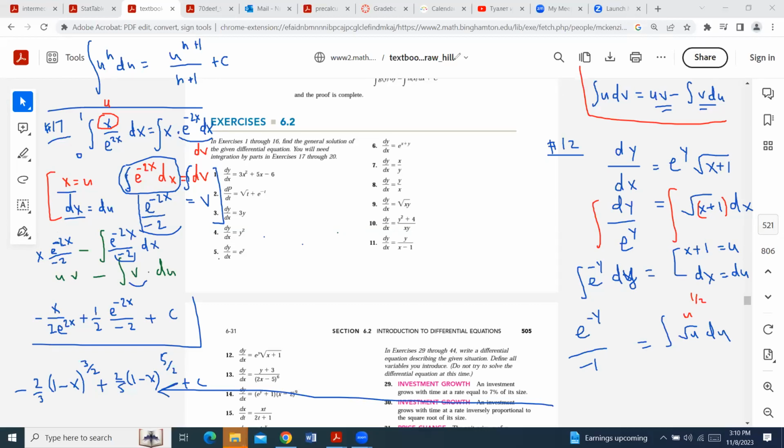So we can keep the e to the power of negative y the way it is. I can just write it as 1 over e to the y, somehow like that. Actually not, I'll just keep it like that because there'll be one more step here.